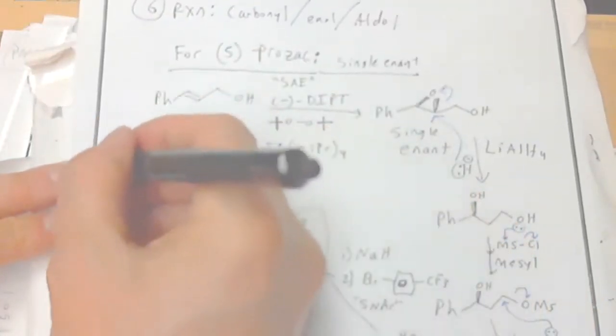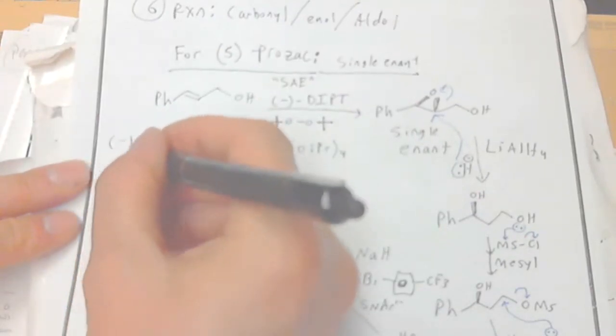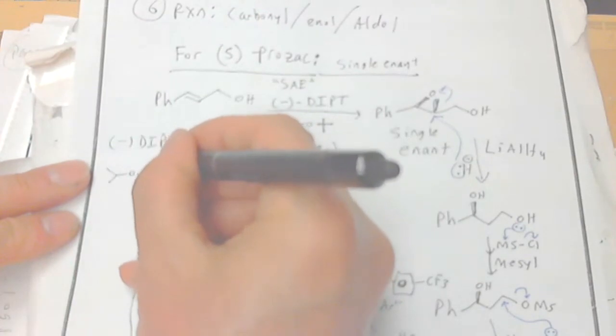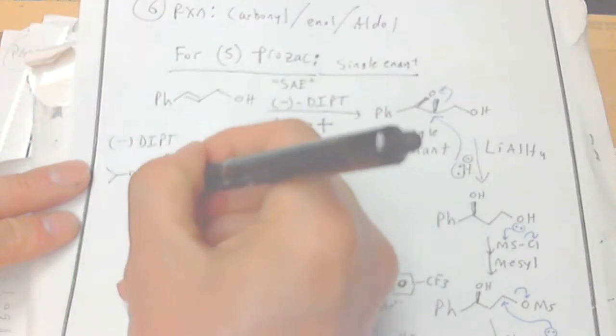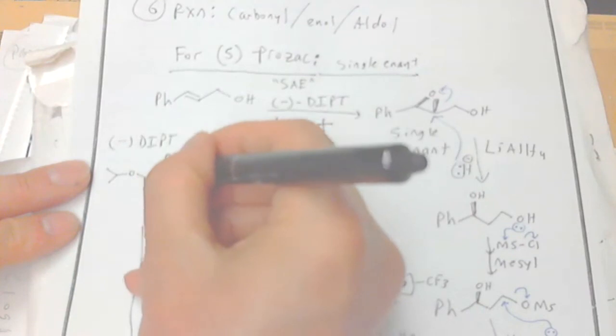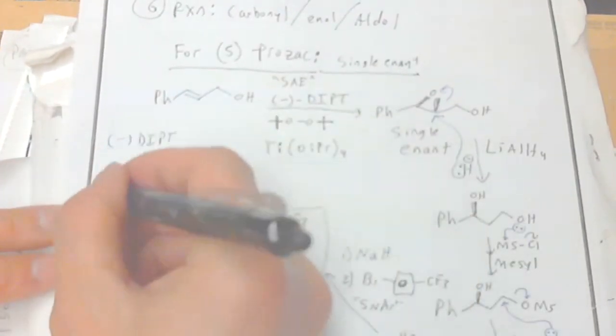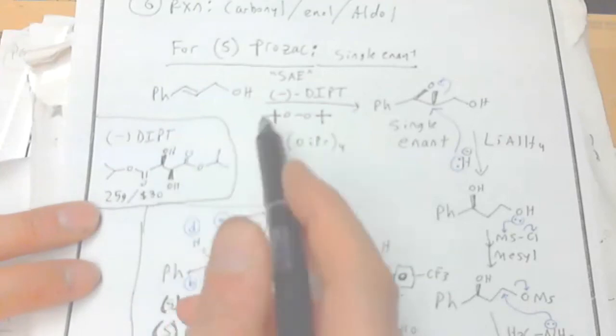Minus DIPT is this molecule. It's about 25 grams for $30, which is actually pretty cheap for a chiral molecule, pretty cheap. And the other thing is it's catalytic.